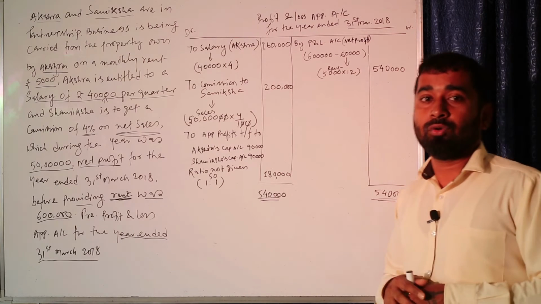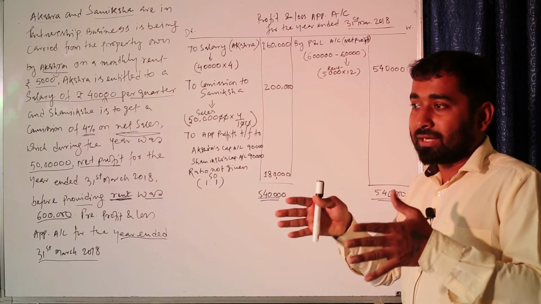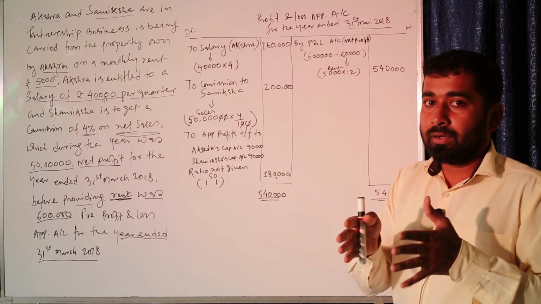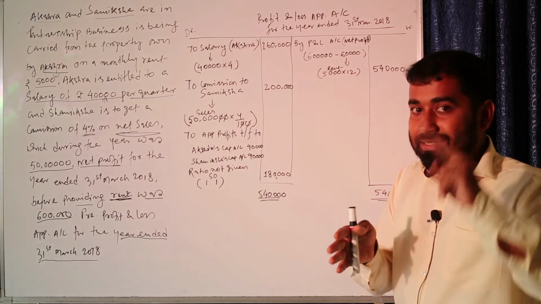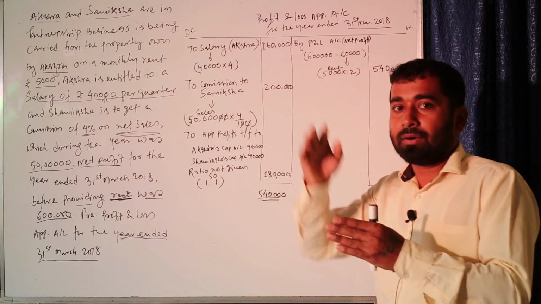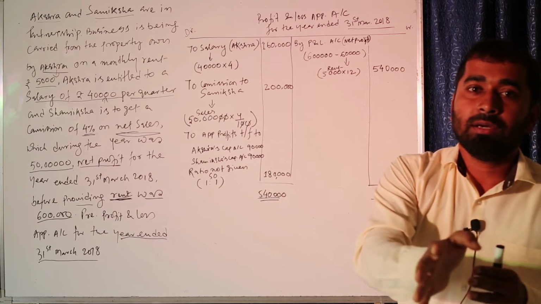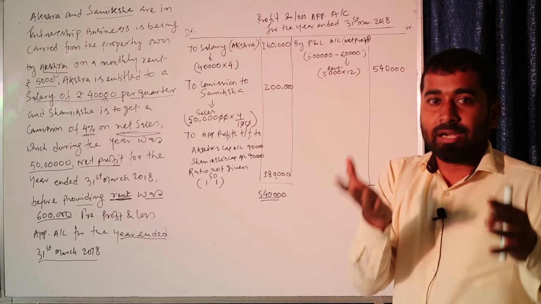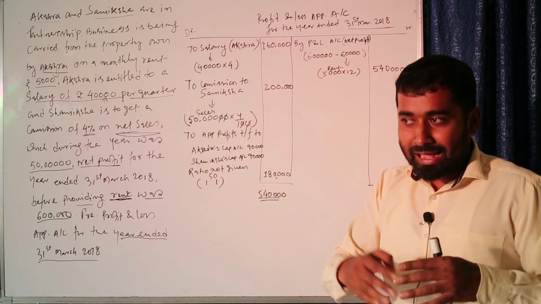So on the credit side, we know that in a partnership firm, the income of the firm is first the profit, and second, any interest given by the partners to the firm. Which type of interest? Definitely interest on drawings.